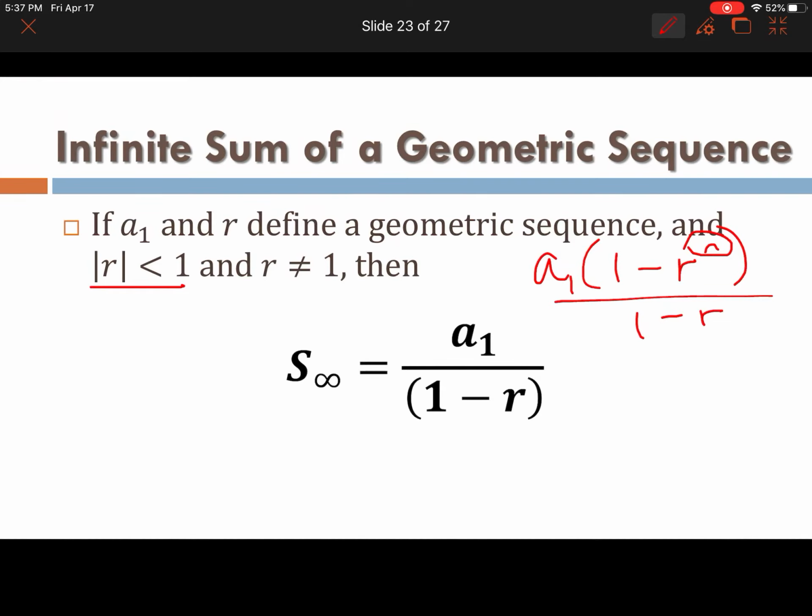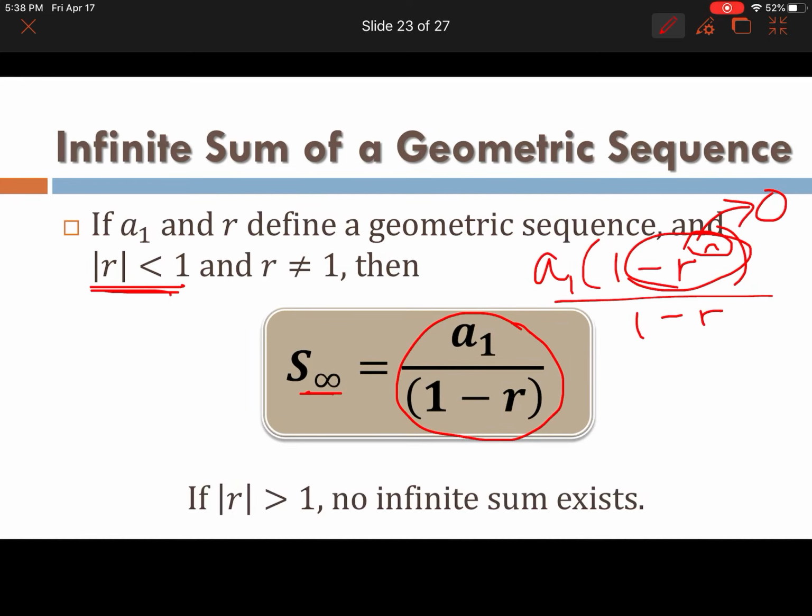It gets really close to 0. So this whole thing approaches 0. And so all we're left with is just the 1 on top, right? So that's why when we talk about it going to infinity, and it only happens if r is a fraction less than 1 or greater than -1, then this is what it comes down to. So this is definitely one of the formulas that you'll want to have. And we actually find a lot of places where we can use this.